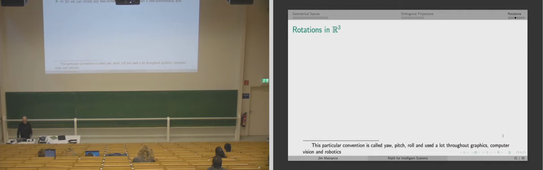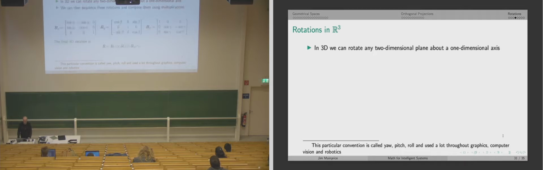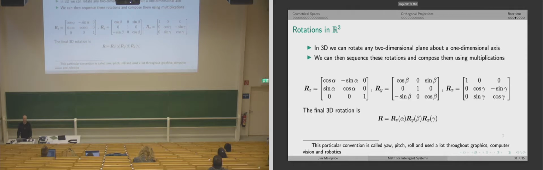In three-dimensional cases, we can rotate any two-dimensional plane about a one-dimensional axis. So we can construct rotation matrices for each of these axes in exactly the same way, by identifying the coordinates of the new axes after rotation about one axis.